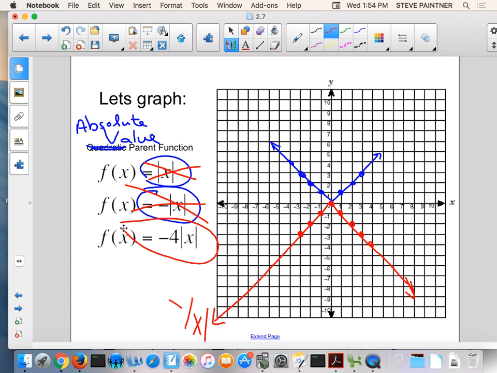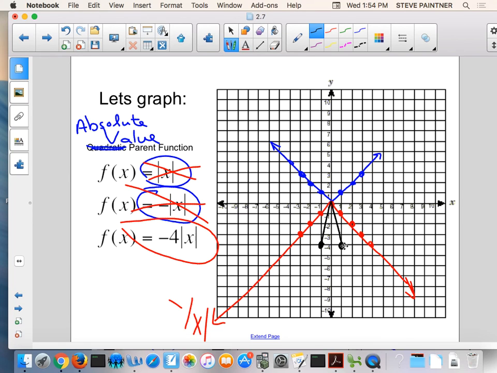Okay, here we go. The normal absolute value function goes right 1, up 1. You're going to go right 1, 4 times higher. Up 4, but then you've got to reflect it down 4. And then of course I would just mirror it over. There it is. And then I'll do it one more time.